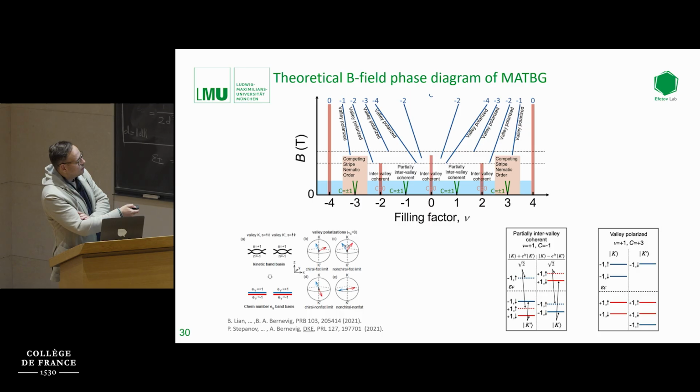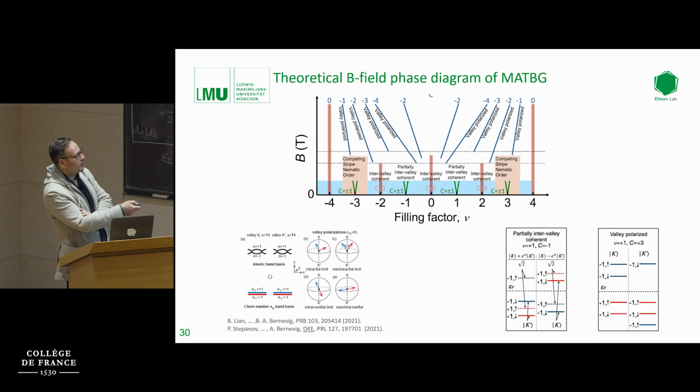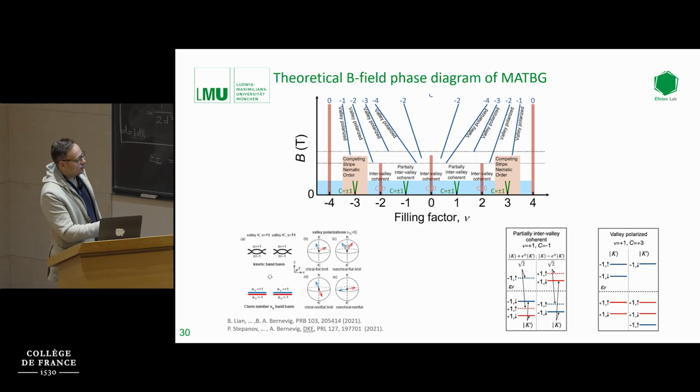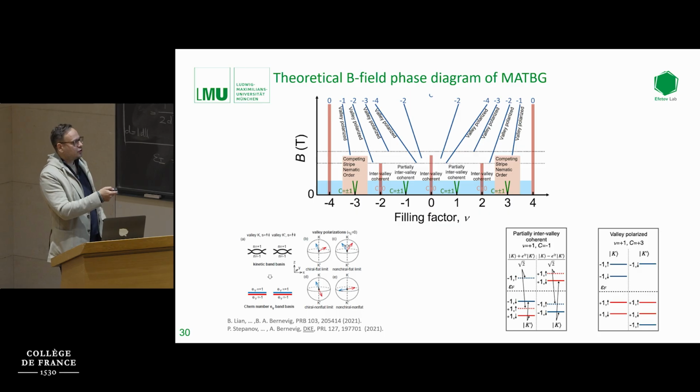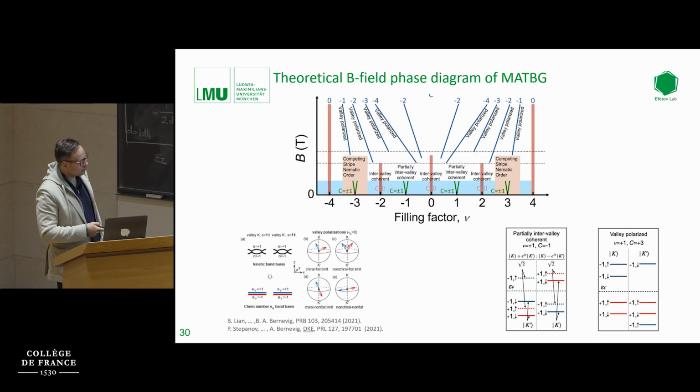By just breaking time reversal symmetry, you can explain these Chern insulators at high magnetic field just by valley polarized states. Basically, you create an imbalance between the bands at the K point and the K prime point, and therefore all of these Chern states at high temperatures can be thought of as valley polarized states.